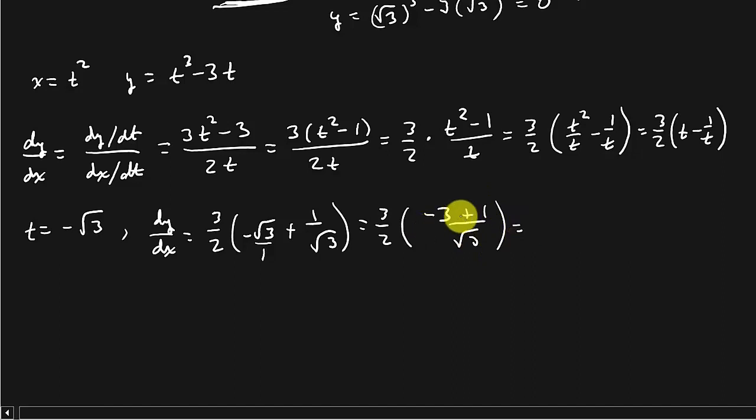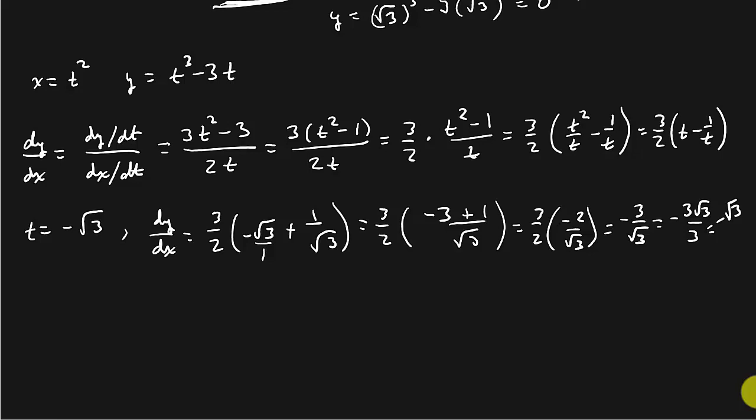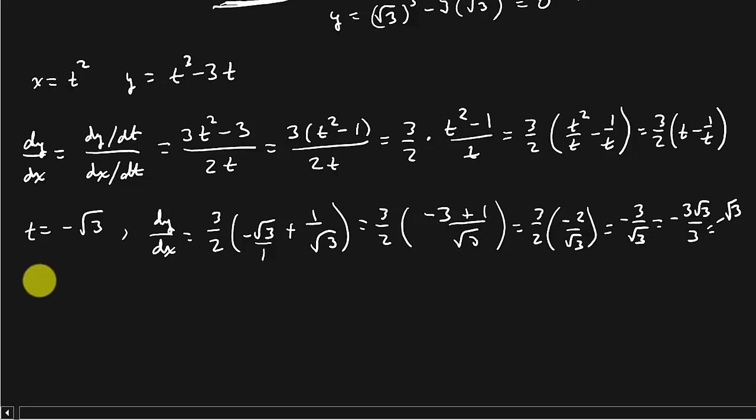And so that's going to be negative 2. So that's 3/2 times negative 2 over square root of 3, which is negative 3 over square root of 3, which is negative 3 square root of 3 over 3, which is just negative square root of 3. All right, so there's our slope for t equals negative square root of 3.